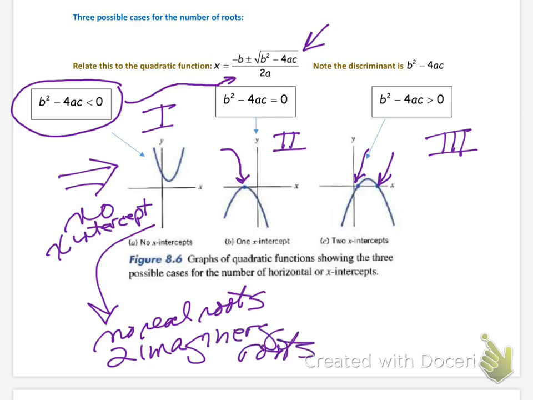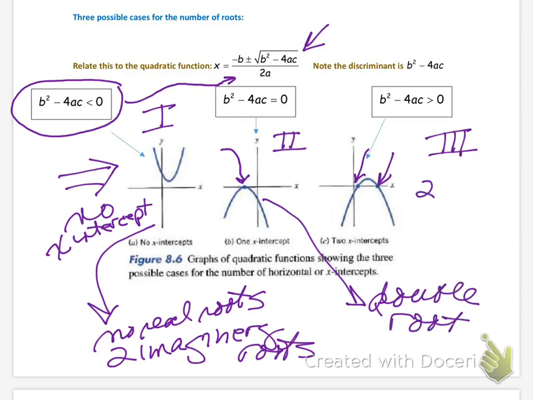Okay, so we'll go over that at some other time. So here you have what they call a double root, and it's all located at one place. And here you have 2 real roots. Okay, so let's continue talking about our quadratic on the next page.